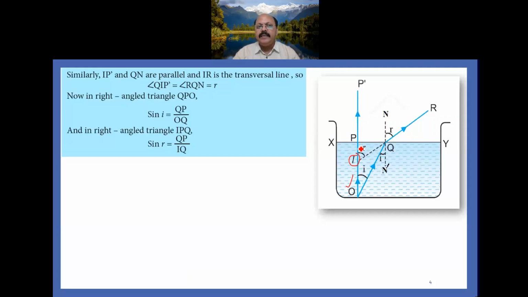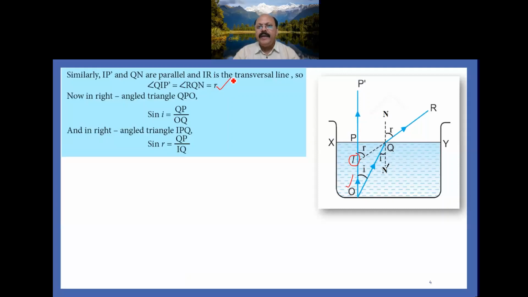Similarly, we can say that IP dash and QN are parallel. Therefore, the angle QIP dash is equal to angle RQN, which is equal to the angle of refraction.